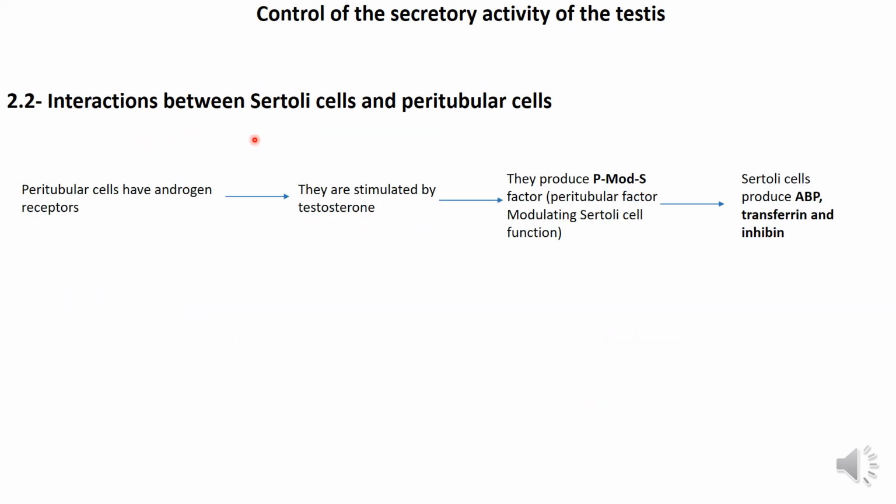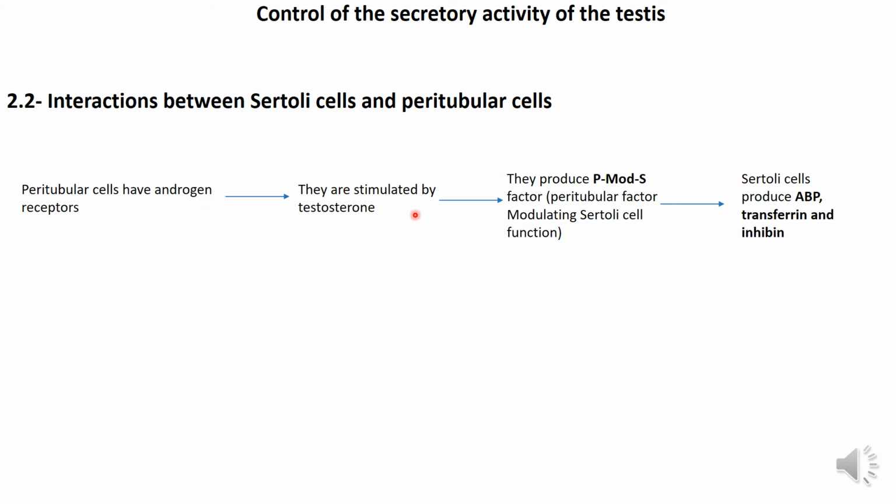Now we will move to talk about the paracrine control, or interactions, between the Sertoli cells and the peritubular cells. In fact, the peritubular cells have androgen receptors, so they have receptors for testosterone. Once this testosterone is produced by the Leydig cells, it can act also on the peritubular cells.